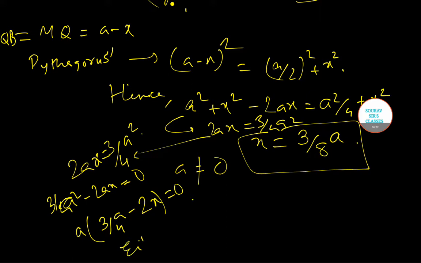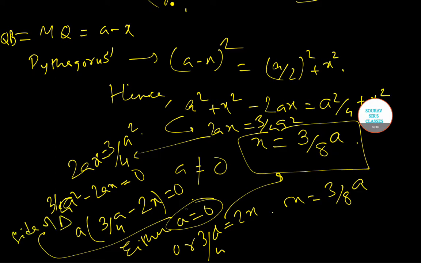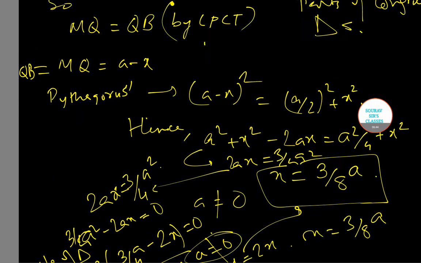So either a equals to 0 or 3 by 4 a equals to 2x, and from this we have x equals to 3 by 8 a. Since a cannot be 0, it's the side of a square, right? So it cannot be 0, hence x equals to 3 by 8 a.